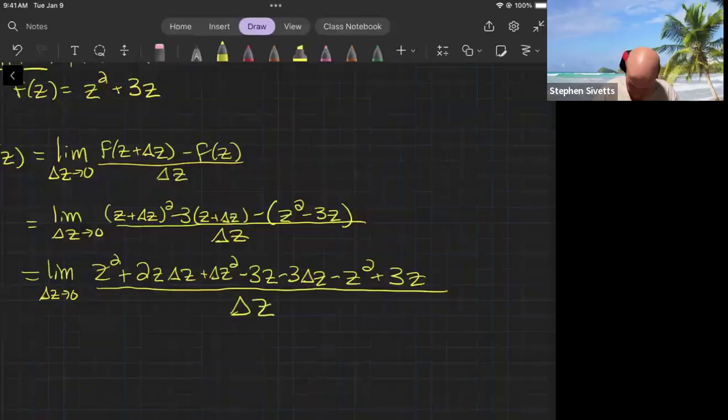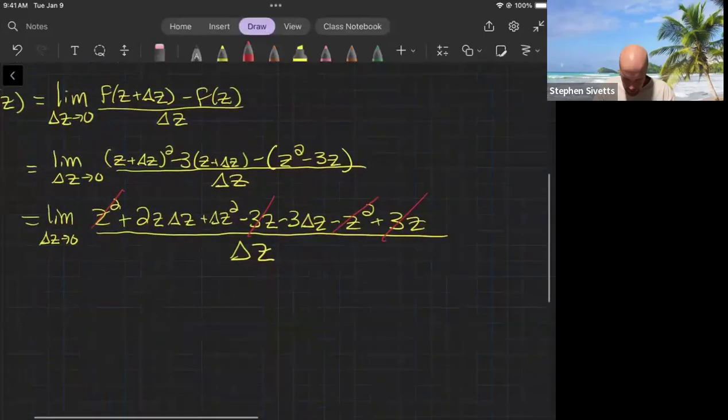We should see terms cancel: z squared minus z squared is 0, and the 3z's cancel.